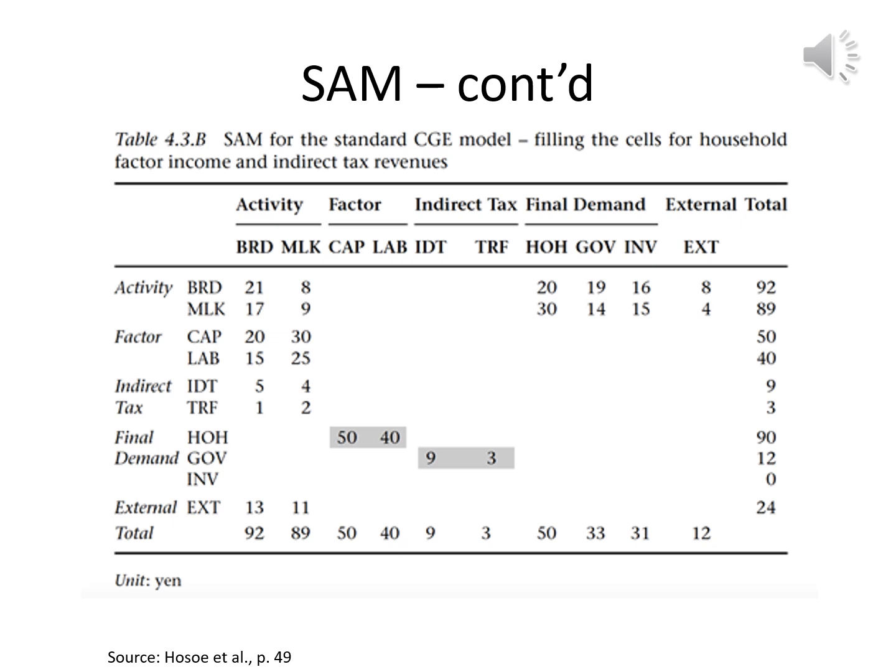Now, if you look at the cap and lab columns, because these are the only numbers we have to fill in here, all the remaining cells in the cap column and lab column are empty. So we see that the column sum for cap now becomes 50, and column sum for lab becomes 40. Okay, remember these column sums have to be equal to row sums.